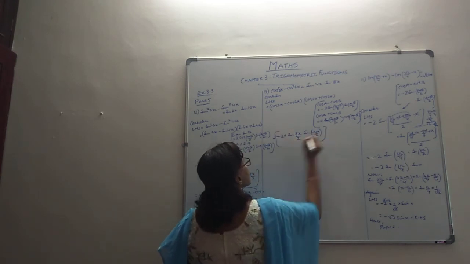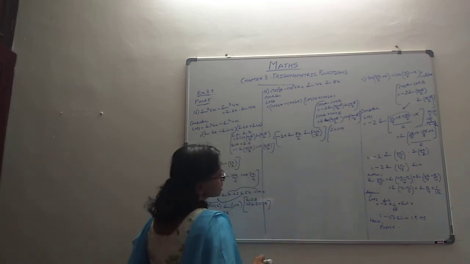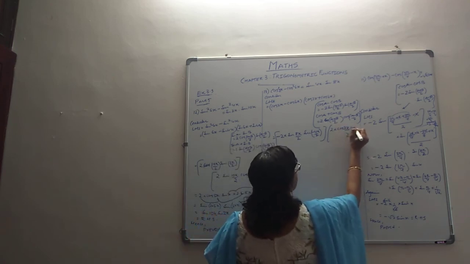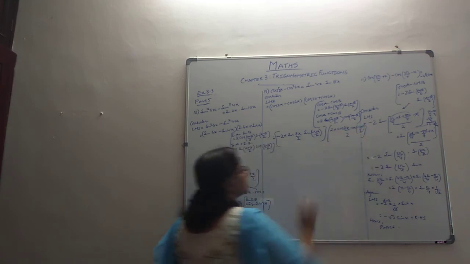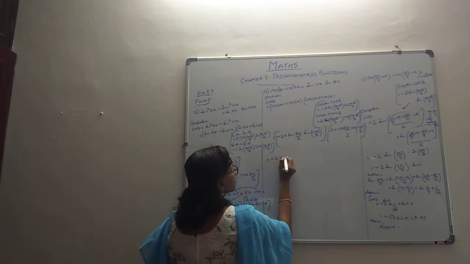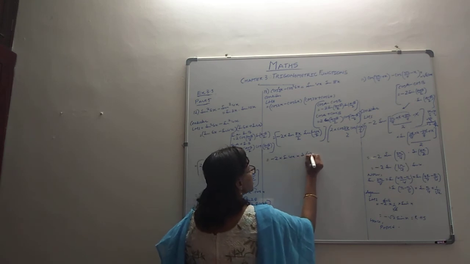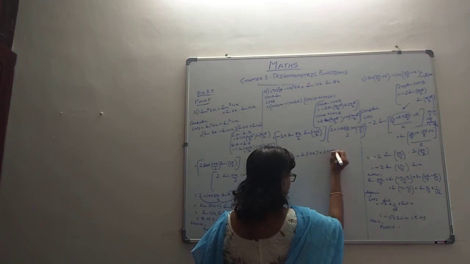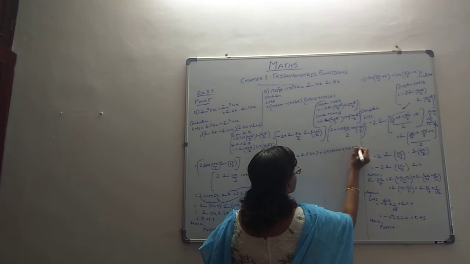Then in the next bracket, it is 2 into cos of 6x plus 2x, which is 8x by 2, and cos of minus 4x by 2. Let's sort this out and see what is coming. It is minus 2 into sin 4x into sin minus 2x, into 2 into cos 4x into cos minus 2x.